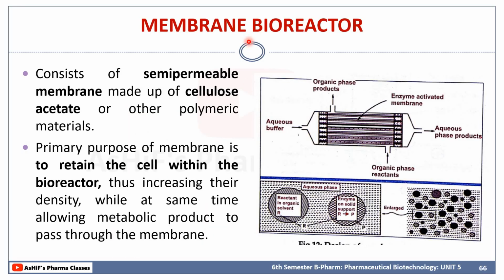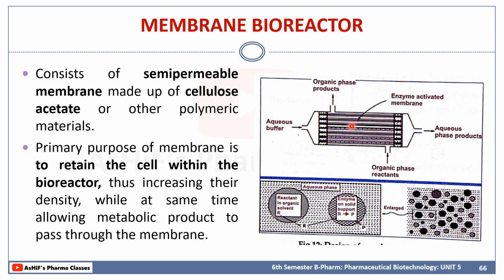And finally we have the membrane bioreactor, which consists of semi-permeable membrane which is made up of cellulose acetate and other polymeric material, and the primary purpose of this membrane is to retain the cell within the bioreactor. So this is an example of membrane bioreactor.